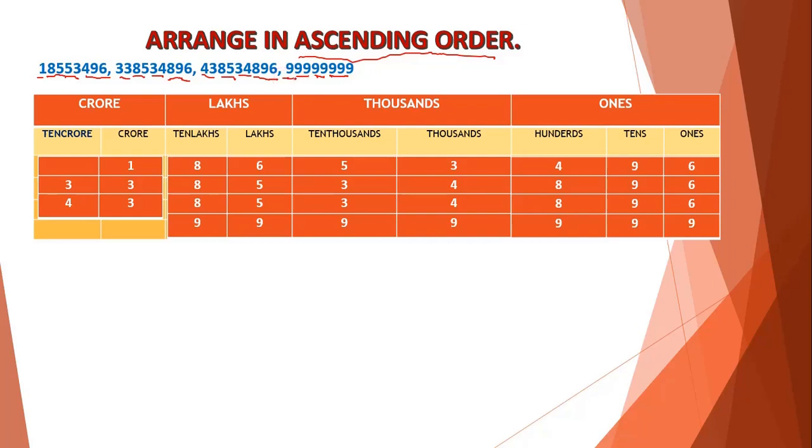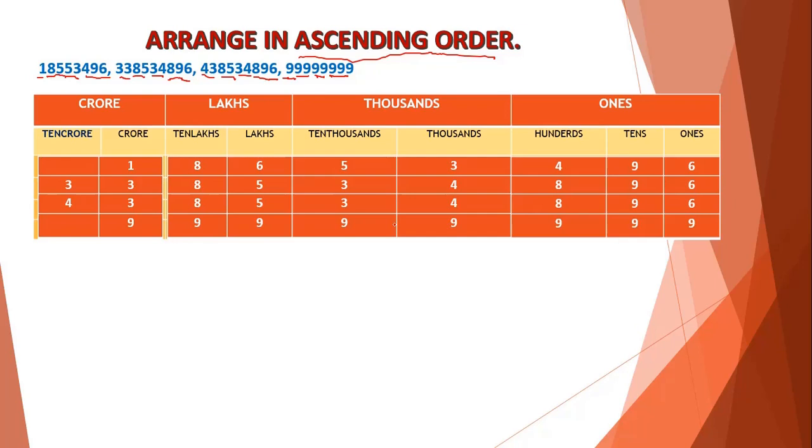The remaining one digit, that is a 9, will come in crores period and crores place. This place we'll leave blank because they have not given two digits, they have given only one digit. Here we have arranged all the set of numbers in the Indian place value chart.